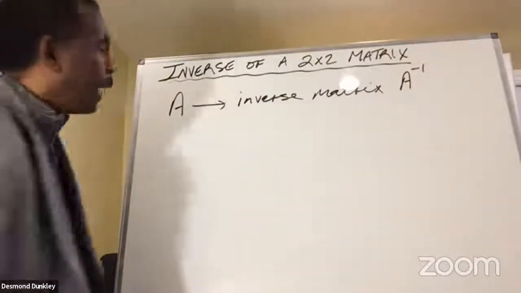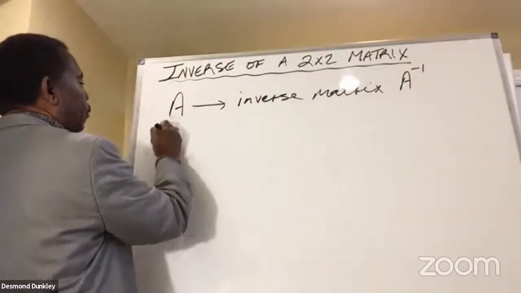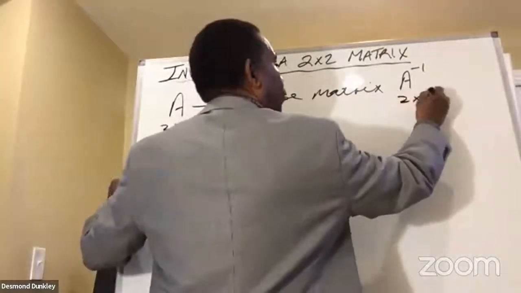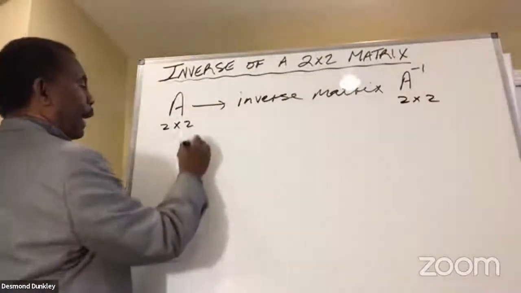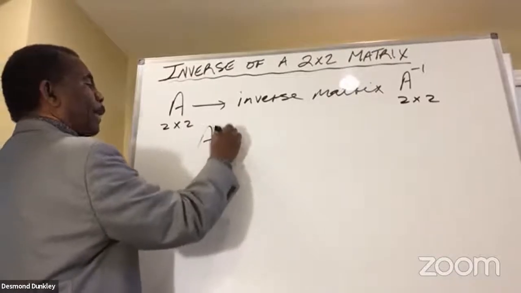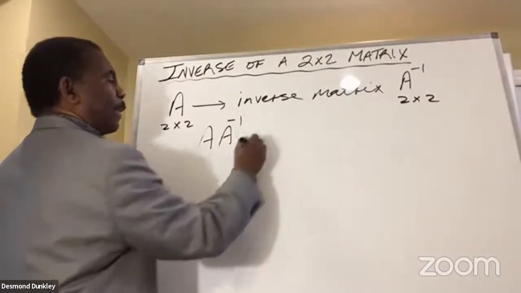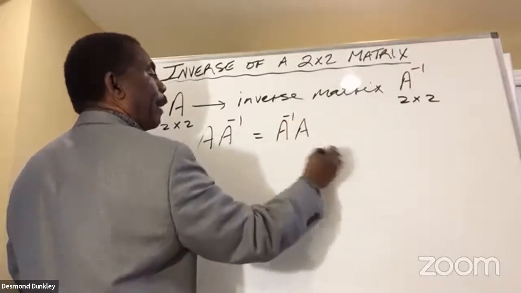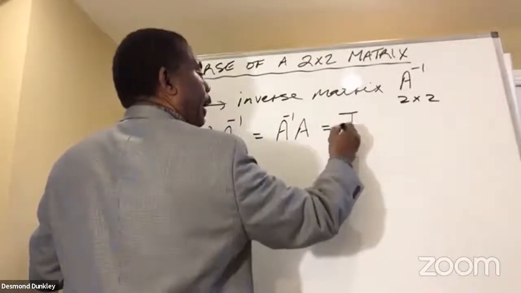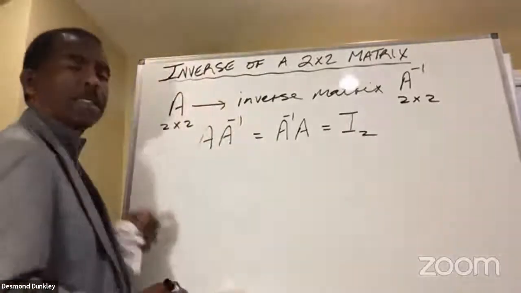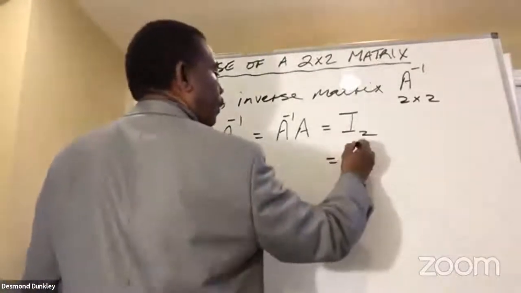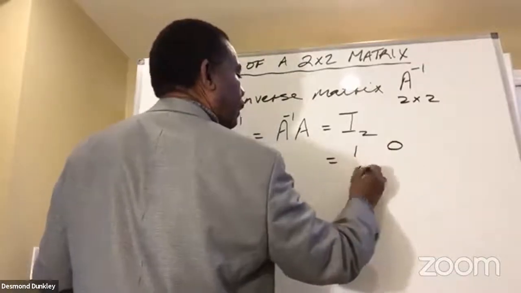And it is such that if this is a 2x2, then this is going to also be a 2x2 matrix. And A times A to the minus 1 will always be equal to A to the minus 1 times A. And it is always going to be the identity matrix, the 2x2 identity matrix, which is equal to 1, 0, 0, 1.